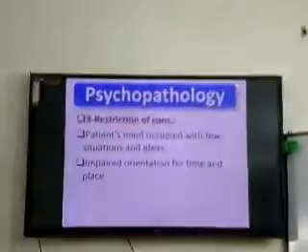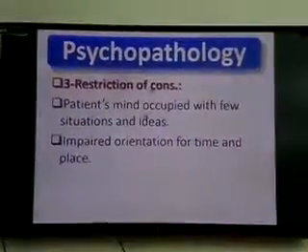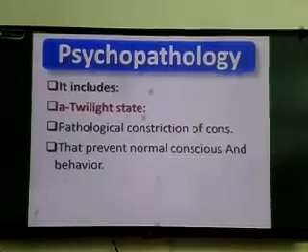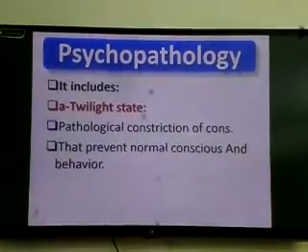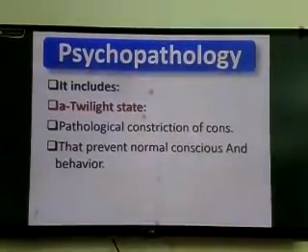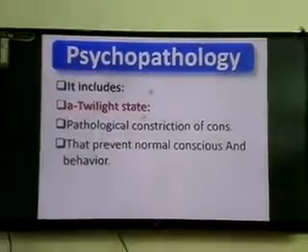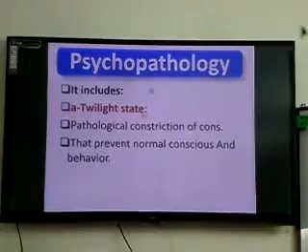Twilight states. This restriction of consciousness includes the twilight state, which is a pathological constriction of consciousness that prevents normal consciousness and behavior. So it is pathological, and you will observe it.